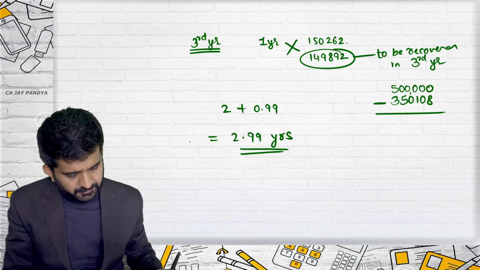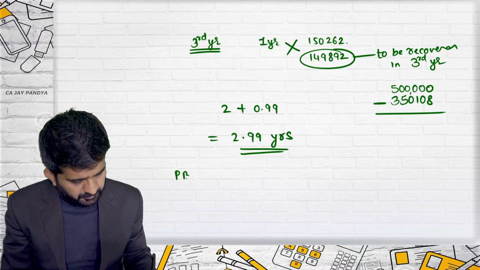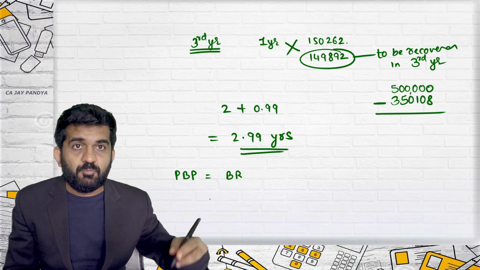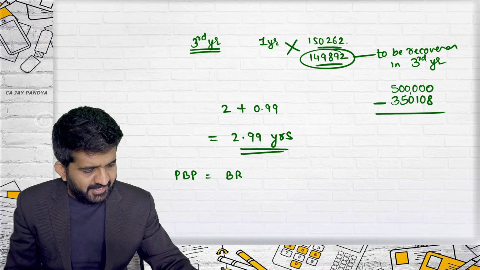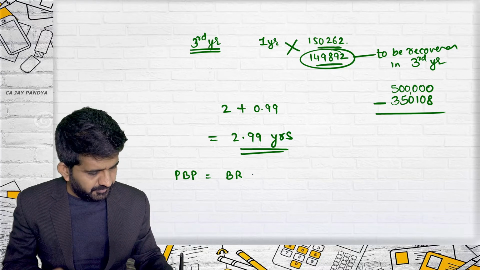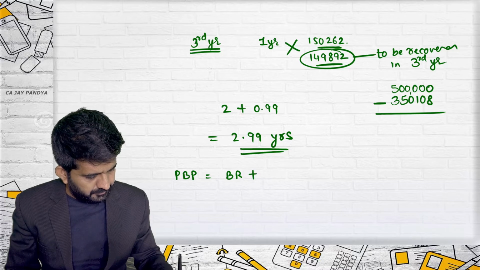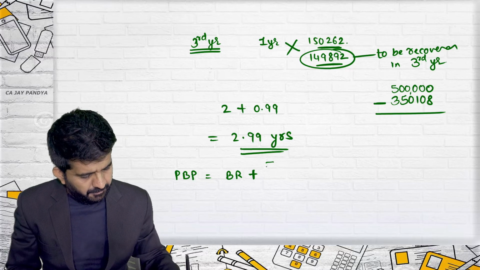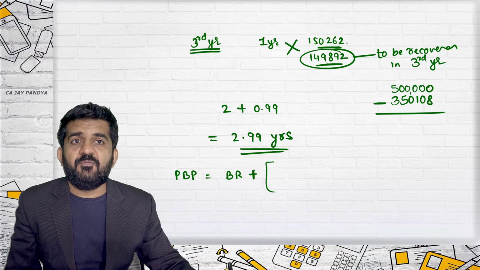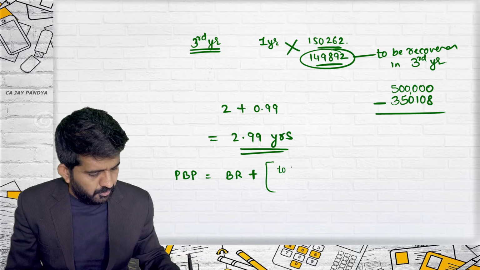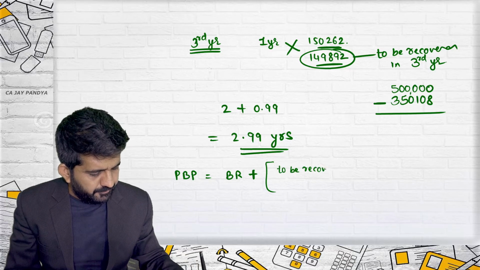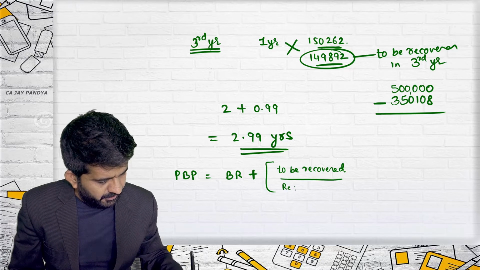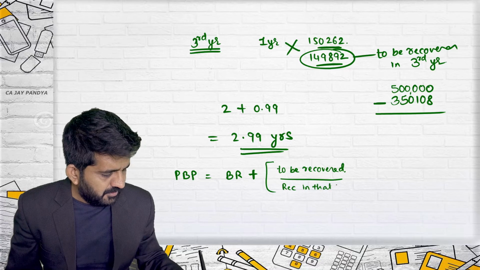So how have we found it out? Base year, and then what we did: this figure divided by this figure, plus what was this figure? 149,892 to be recovered, divided by recovered in that year.